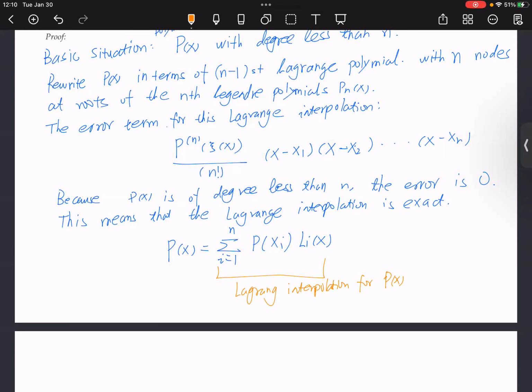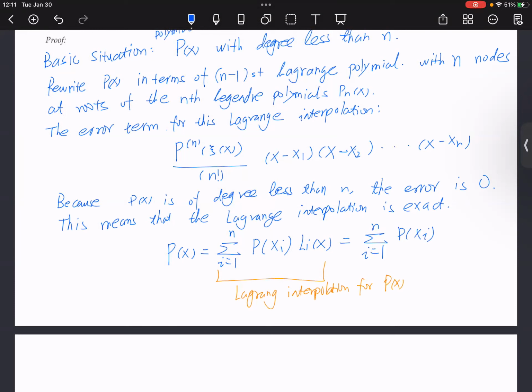So now we can write more about this interpolation. We have the sum from i equals 1 to n of p(xi), that is the function evaluated at the point xi, and what do we have here? This is the basis function for the Lagrange interpolation. And this basis function is written in this way. It is the product over j not equal to i of (x minus xj), divided by (xi minus xj).